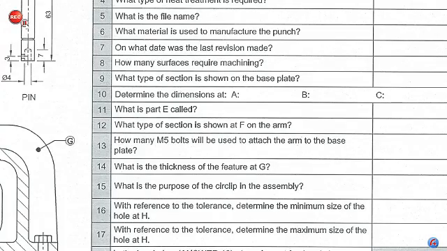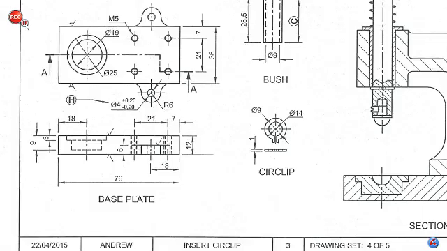Question number 8. How many surfaces require machining? So now we're going to look at that machining symbol and we're going to count how many surfaces have been machined. If you look at these machining symbols that you will see here attached to a surface, we will have to count them.